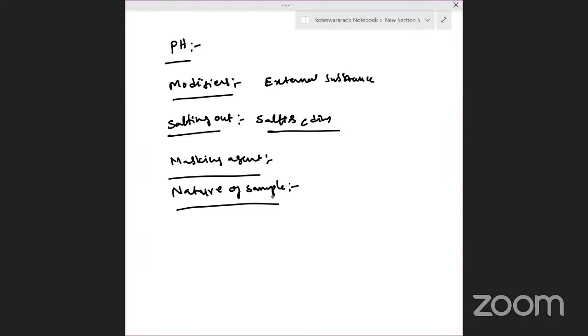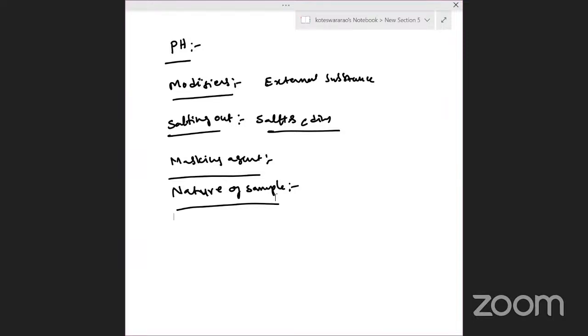Thus, these are all the factors affecting the rate and selectivity of the solvent extraction process: the selection of the solvent, pH modifier, salting out agent, which is called the salting out effect, a masking agent, and the nature of samples.